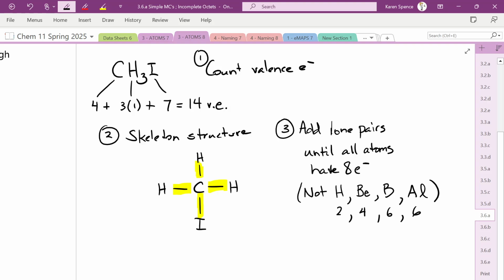That's 2 electrons each, 2, 4, 6, 8. It's got 8. How about iodine? Iodine has only 1 line, which is 2 electrons. So we're going to add lone pairs, and we're going to add them on the left, on the right, and on the bottom, and that would give iodine 8 electrons.